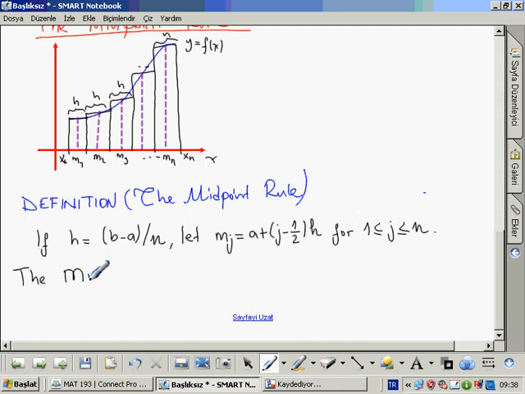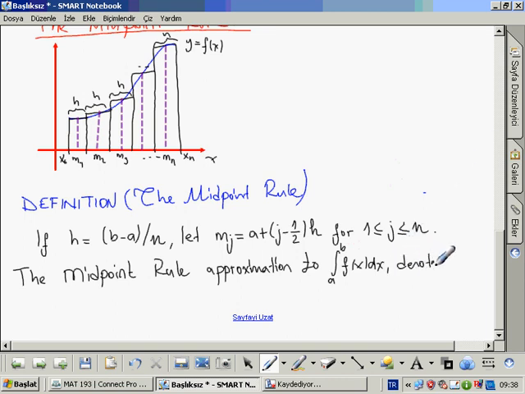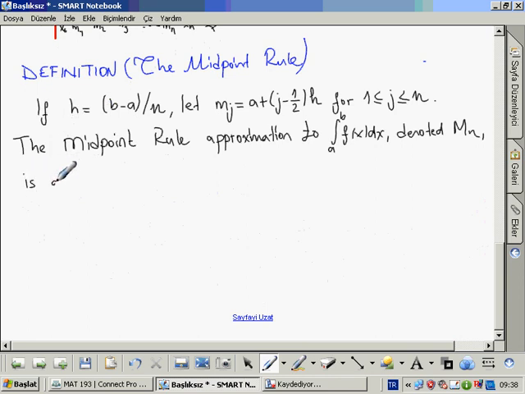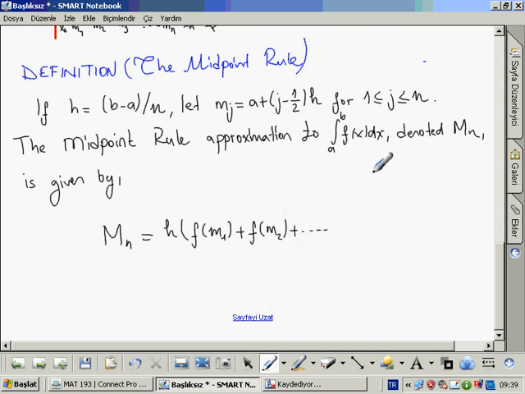The midpoint rule approximation to the integral from a to b of f(x) dx, denoted Mn, is given by Mn equals h times (f of m1 plus f of m2 plus ... plus f of mn).